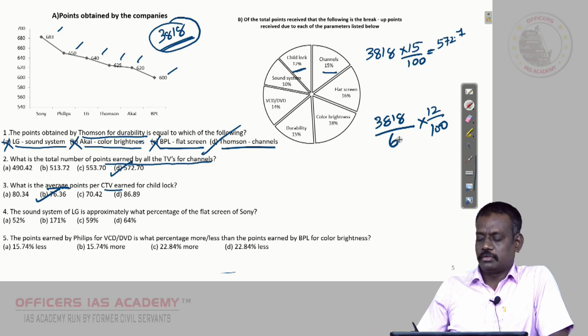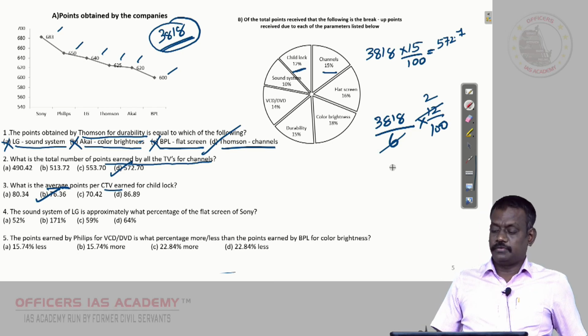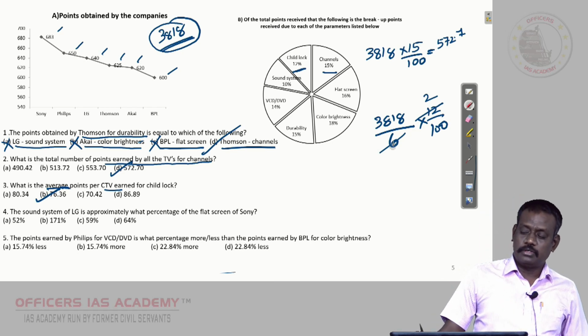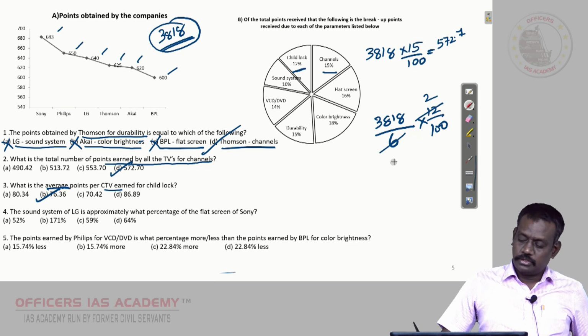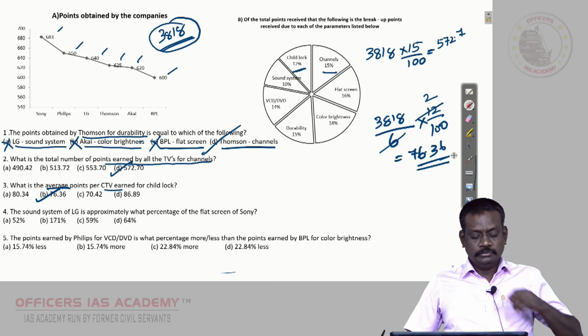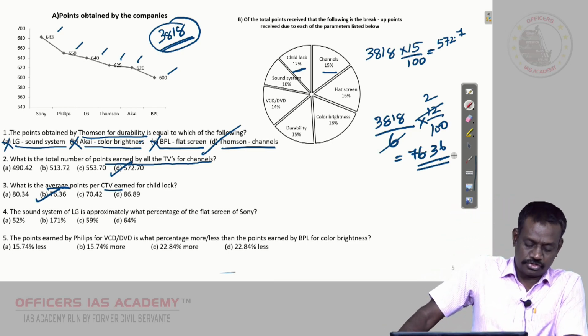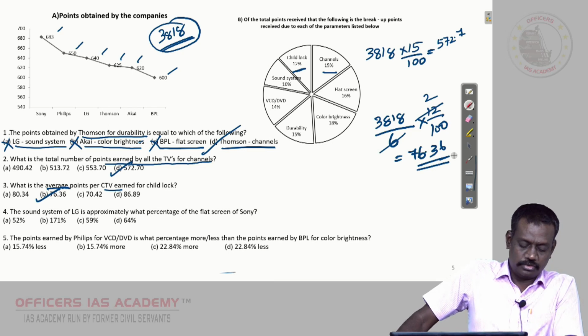If you cancel this 6 and 12, you will get 2. So you are going to find 2% of 3818, which is 76.36. Understood? Clear, children?